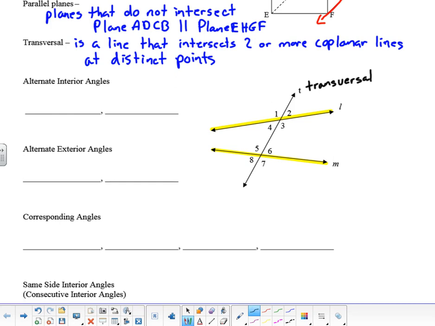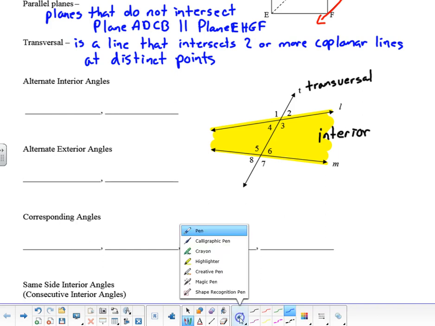So when we look at these two lines, inside the lines, in between them, I'm going to do some more highlighting here, these are the points that we call the interior. And interior means between the two lines.